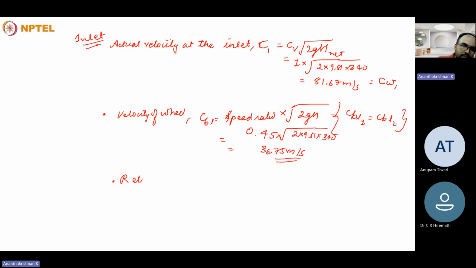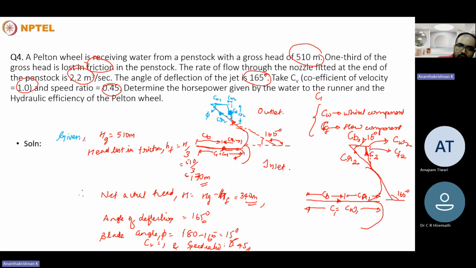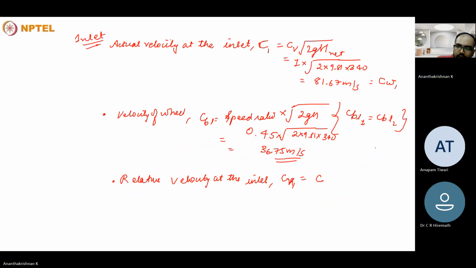So the relative velocity at the inlet, CR1, will be equal to, as you could see in the inlet portion, CW1 or C1 minus CB.